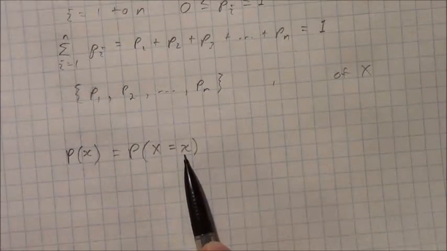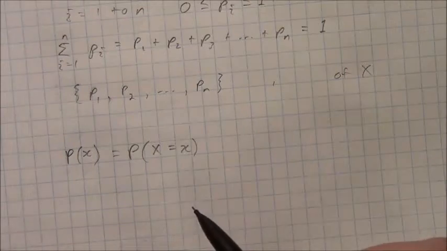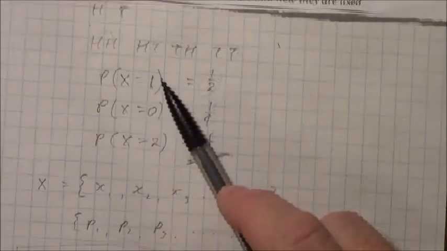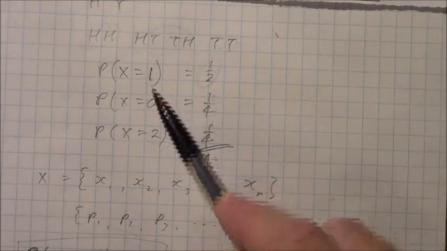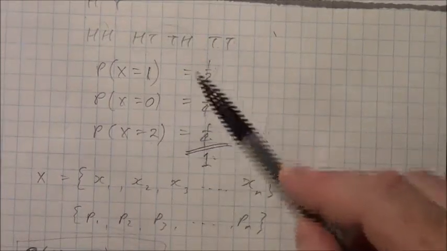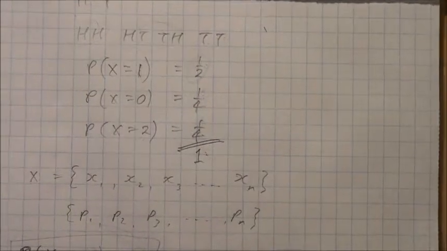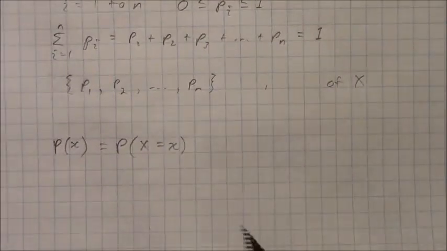And the range is the set of values in the probability distribution of that variable. So if we've got the values 0, 1, and 2, that's the domain, and the distribution is the range of that probability function. Okay, so we'll look at some examples in class tomorrow.